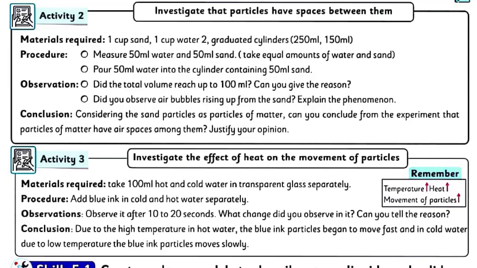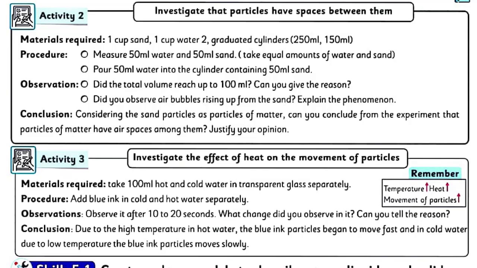Activity 3. Investigate the effect of heat on the movement of particles. Materials required: take 100 milliliters hot and cold water in transparent glass separately. Procedure: add blue ink in cold and hot water separately.